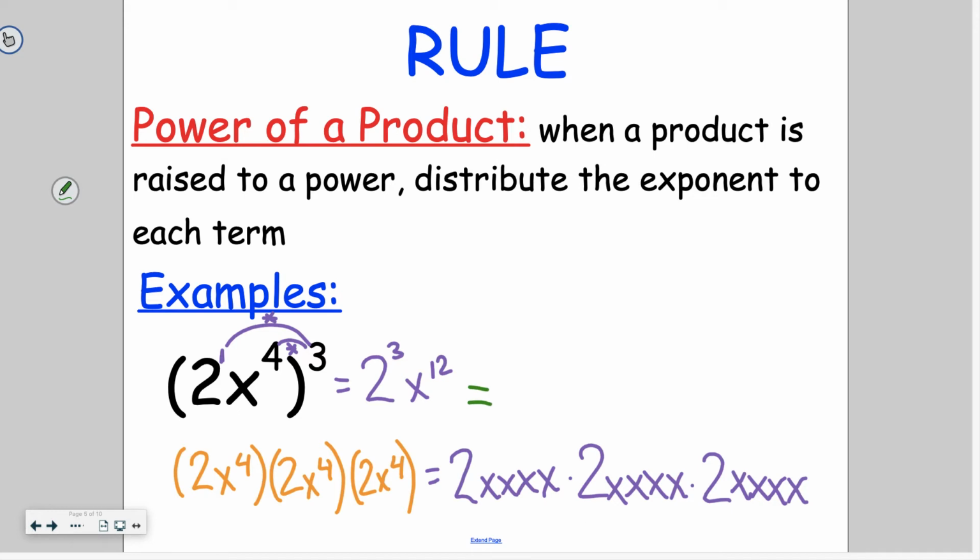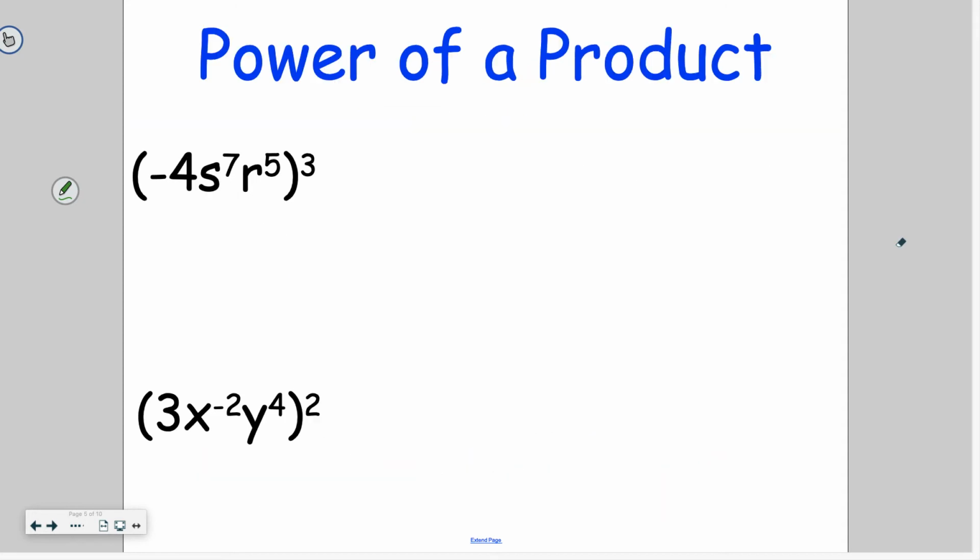So 2 times 2 times 2 actually gives us 8x to the 12th power as our final answer for this one. So again, each piece has to be treated as its own entity, and each entity needs the exponent because each part is going to be repeated.